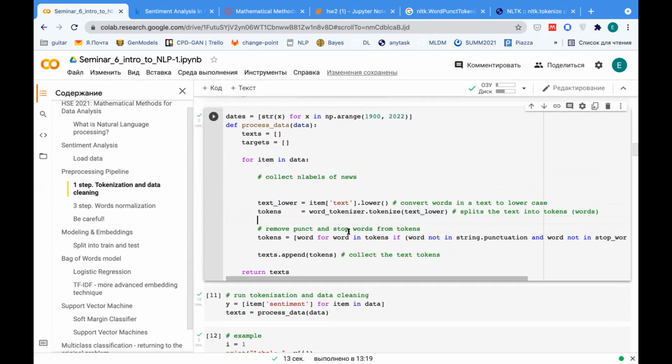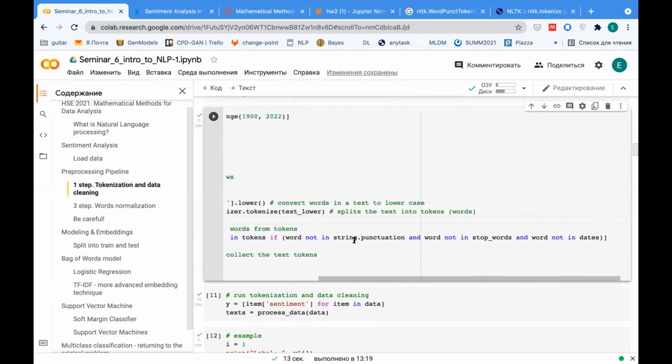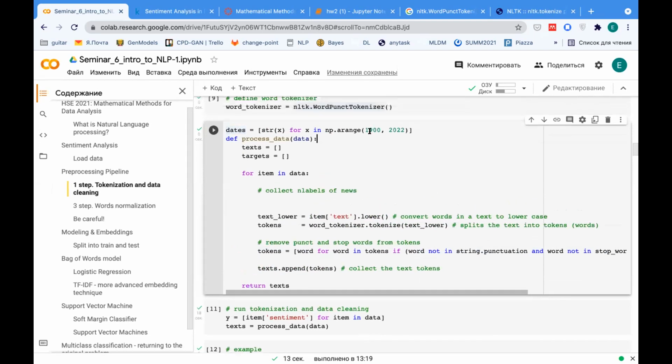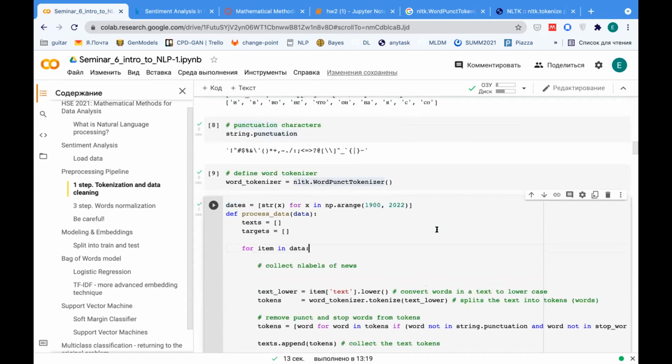words from our text. So we trace through our words, and if these words are some punctuation, or if these words are in stop words, we will just remove them. And also we remove dates here. Actually dates, it's actually the year. I'm not sure why they do it, but I guess they thought that it's not very important information here.